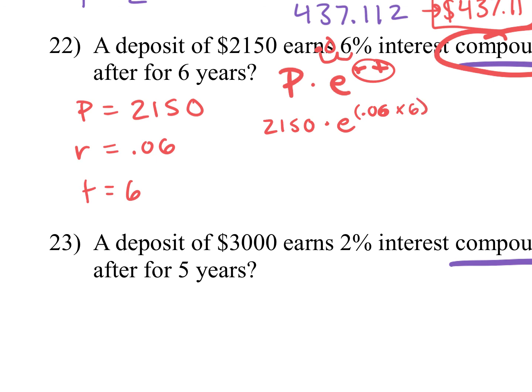Multiply the exponent. So 0.06 times 6. So that'll be e to the power of 0.36. What do I do next? I don't multiply, I do e to the power of 0.36.